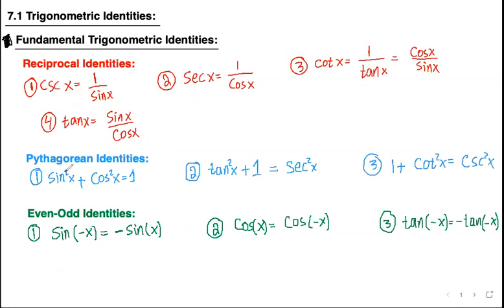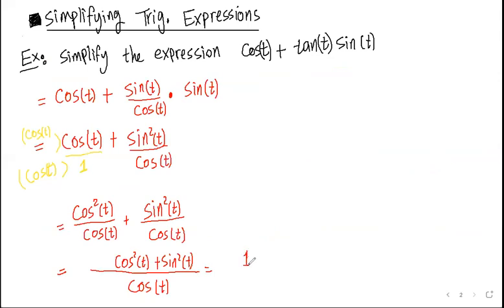Exactly, it's 1, the Pythagorean identity: sine square plus cosine square is 1. So the answer is 1 over cosine of t. Look, this whole expression is equal to 1 over cosine of t.